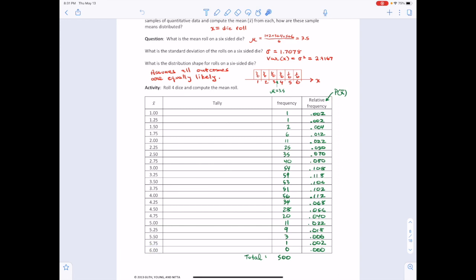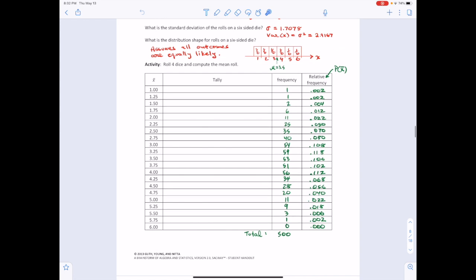The only way you can get an average of 6 when you roll 4 dice is if all 4 of them are 6s. That actually never happened. We did get an average of 1. The only way to get an average of 1 when you roll 4 dice is if all 4 of them are 1s. This happened 1 time out of 500 trials, so it's really, really unlikely, but obviously it can happen.